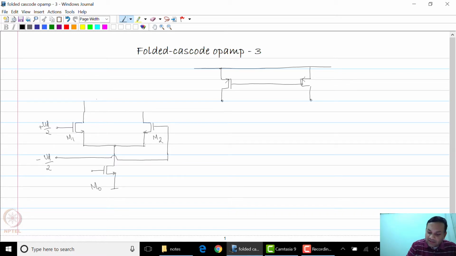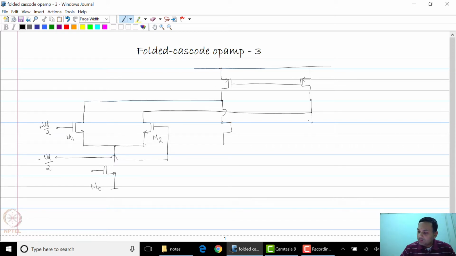So let us say that transistor M1 is connected so, and transistor M2 is connected to this PMOS transistor, and finally at this point the output goes into the common gate PMOS structure.